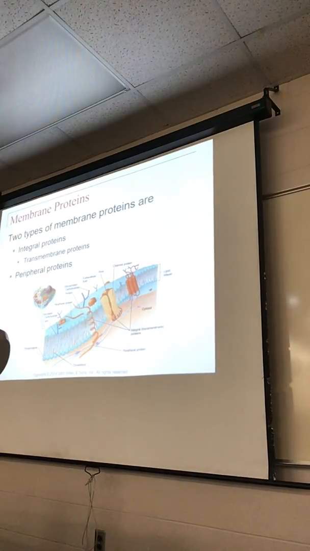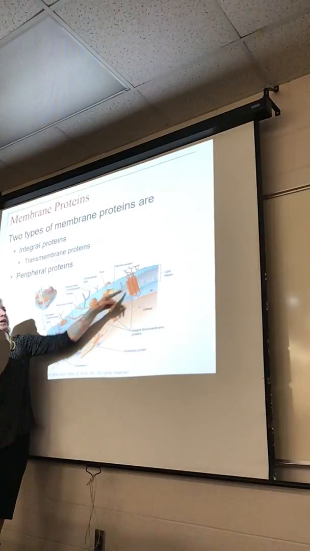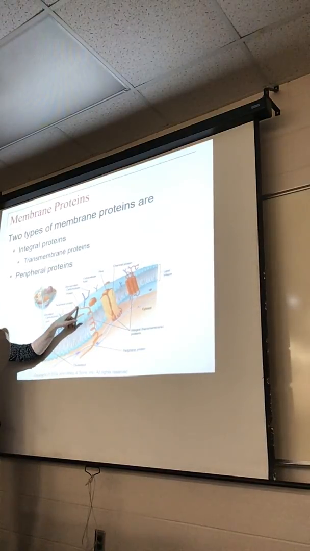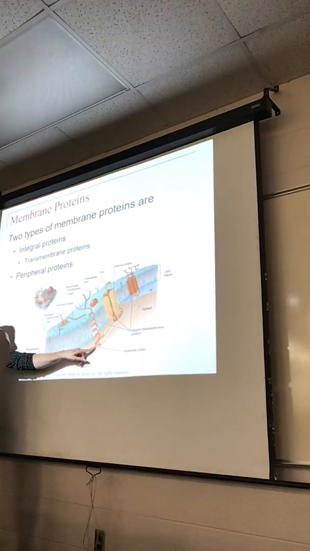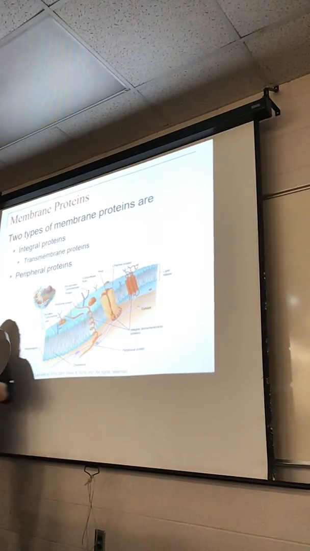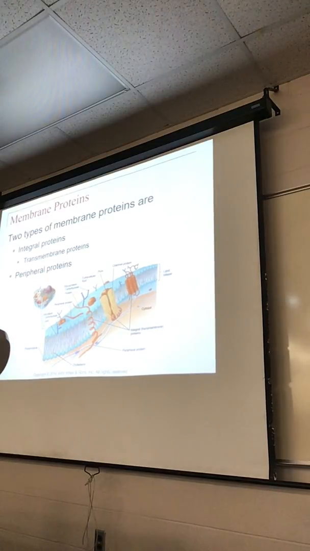Now, some of those integral proteins will be so deeply embedded that notice when you look at 1, 2, 3, these three integral membrane proteins, these orange things, they go from the outside all the way to the inside of the membrane. So some of the integral membrane proteins also qualify as transmembrane proteins.